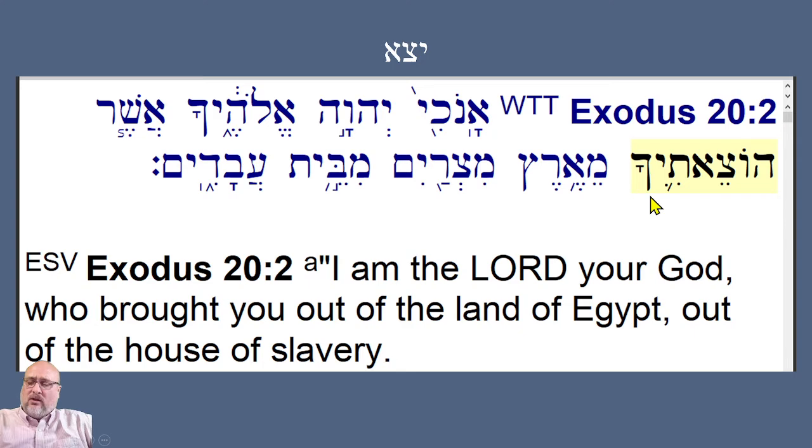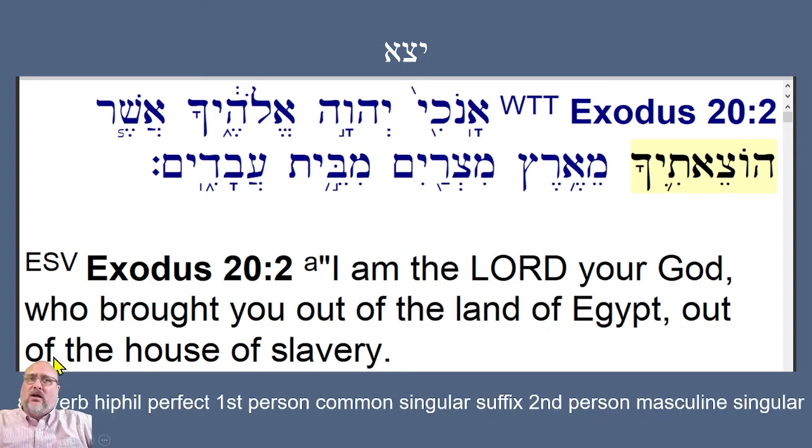And the form there, this parsing is from BibleWorks. It's a verb, a hiphil, perfect, first person common, plus a second person masculine singular suffix. So this is the you part. It's a direct object of the word. This is the I part.